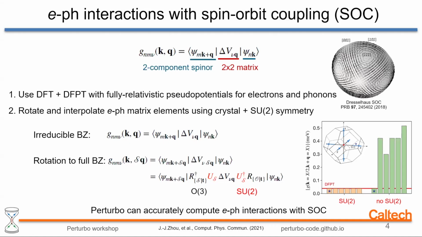So we use both rotations in space, like the O(3) group, and the SU(2) group to rotate the matrix elements. And it's very important that we use the SU(2) group, which allows us to do rotations in spin space. Without this rotation, it would lead to uncontrolled errors. We use this in Perturbo, and we can accurately compute these electron-phonon interactions with spin-orbit coupling.